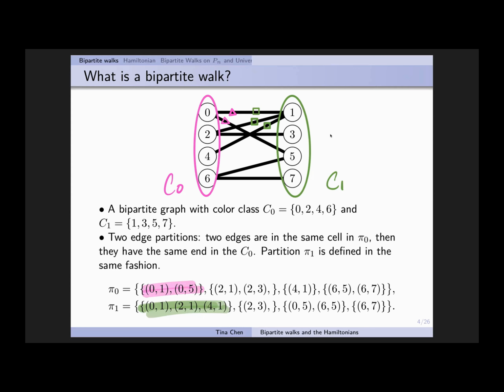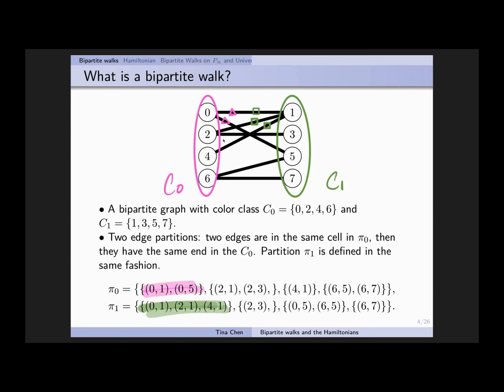If two edges have the same end in the pink vertex part, then they will be in the same cell of our partition pi 0. Similarly, if they have the same end in the green part, the same green vertex, then they will be in the same cell of our partition pi 1.